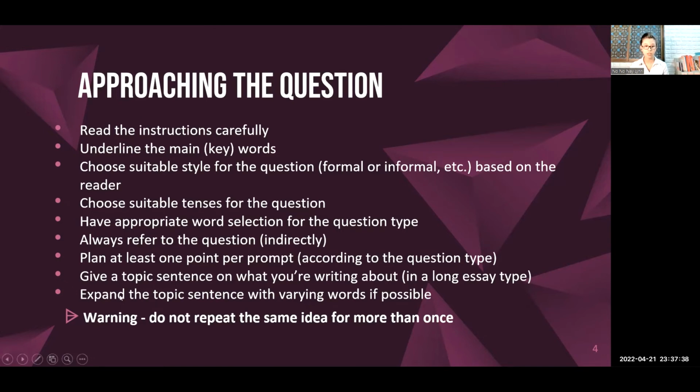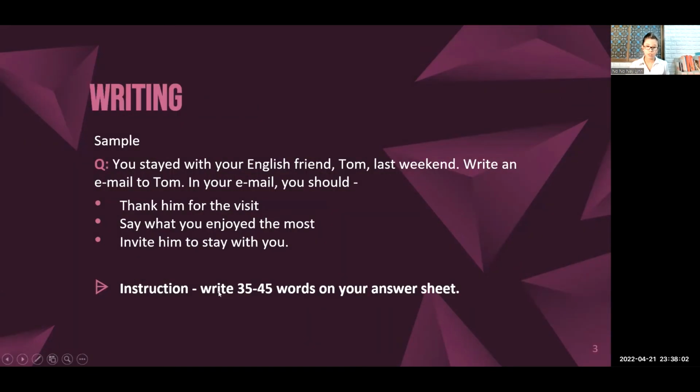So this is part of how to approach the question: always refer to the question, and rewrite it. You don't have to copy the question unnecessarily over and over again, because this is just going to bloat your answer. The instruction only asks you to write between 35 to 45 words.